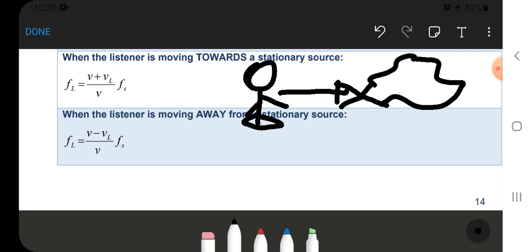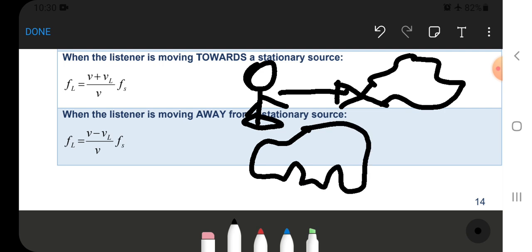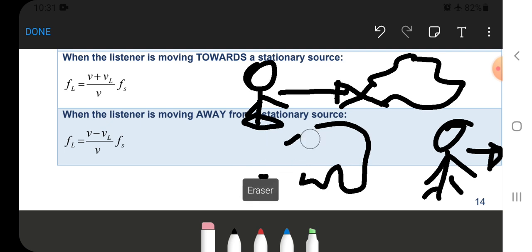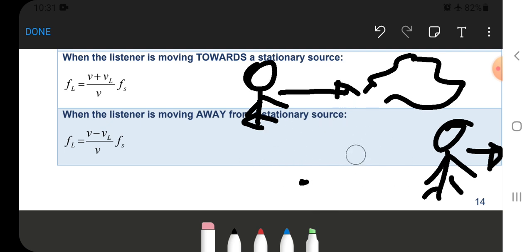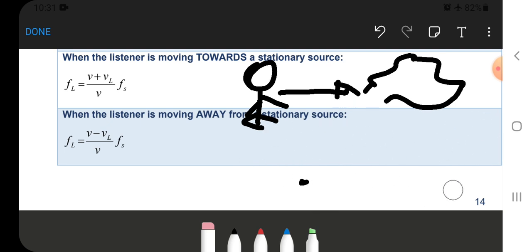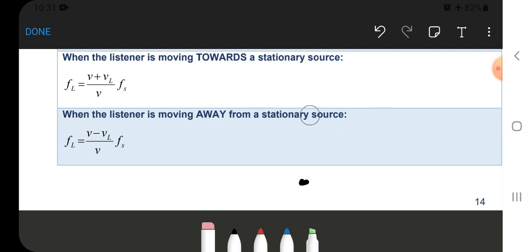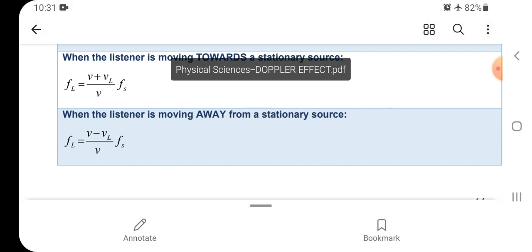Now, when the listener has moved from the ambulance and is going in this direction, we say the listener is moving away from a stationary source. The source is the one that is making noise, which is the siren of an ambulance. I hope you understand that part, it is very important.